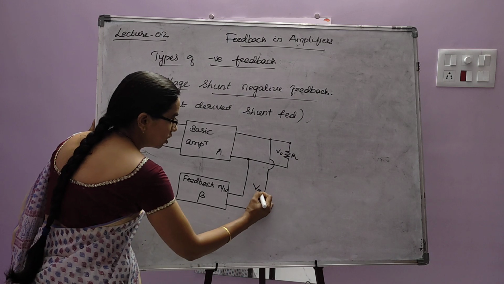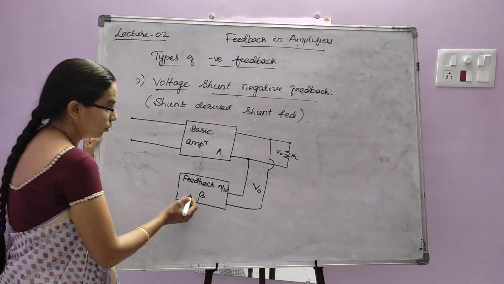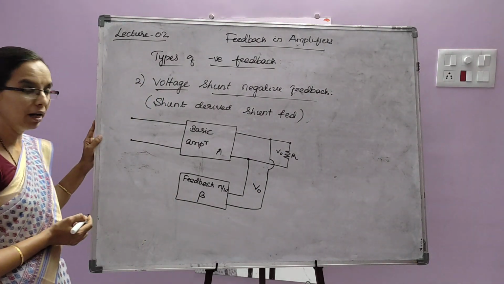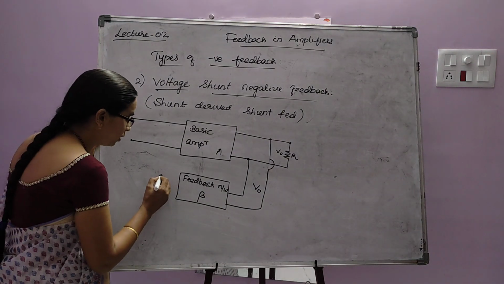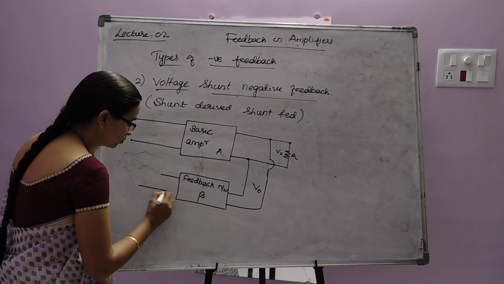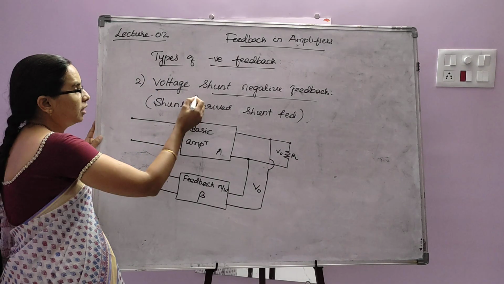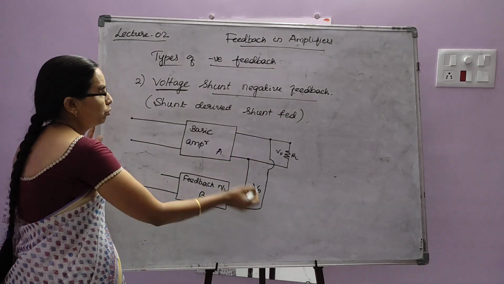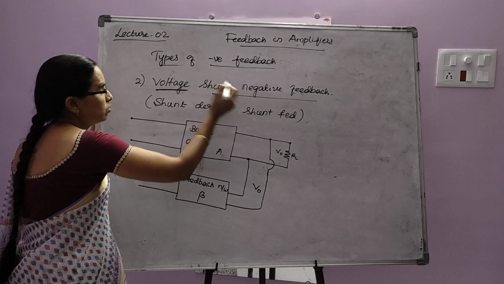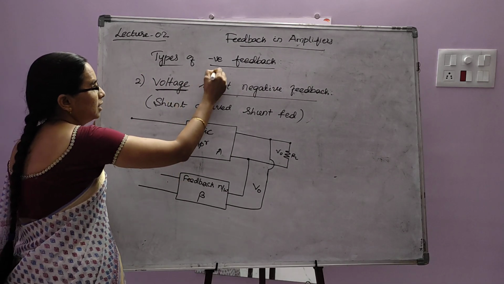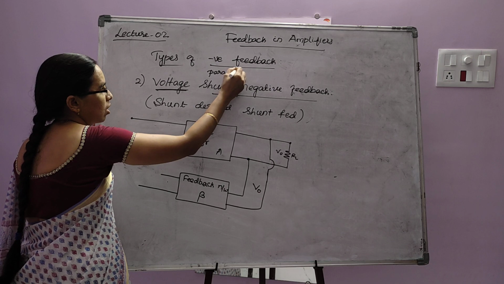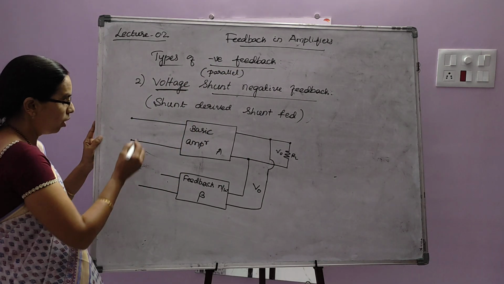Output voltage V0 is going to feed into the feedback network, and the output of the feedback. See how we are connecting. We are taking the voltage output, connecting in the form of shunt, in the sense parallel connection. So how?